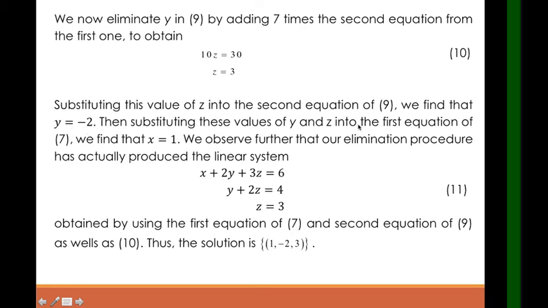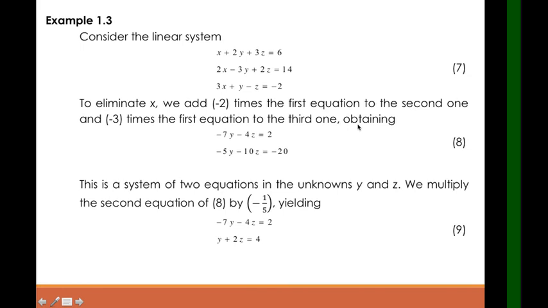Ano ba yung first equation natin? Balikan natin. That is x plus 2y plus 3z equals 6. So, let's see. Anong nakuha natin sa z? That's 3. Ang nakuha natin sa y, that's negative 2. Tama ba? Yeah. Okay, now let's try the number 1 kasi ito yung ginamit natin kanina, di ba?